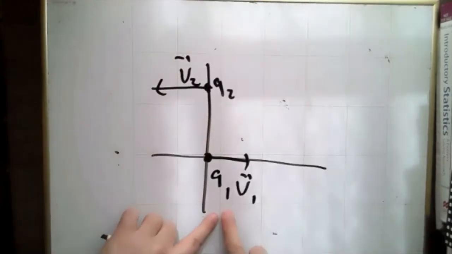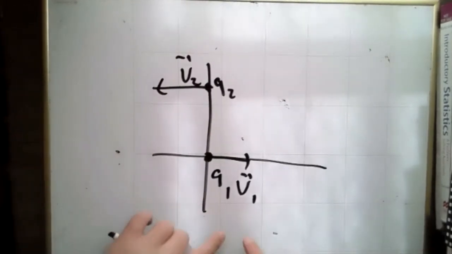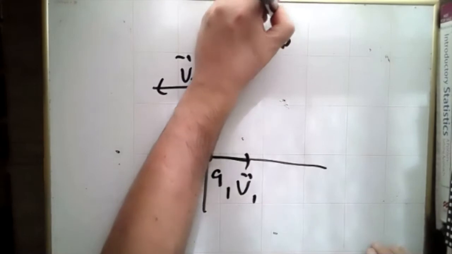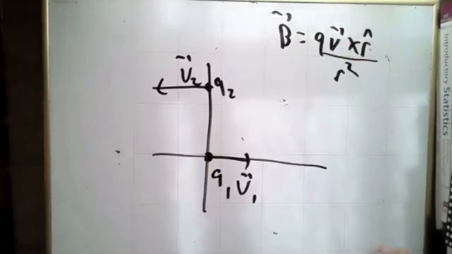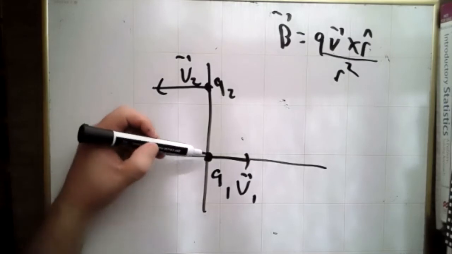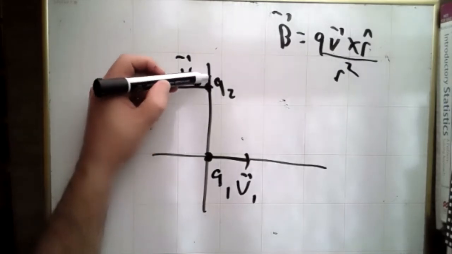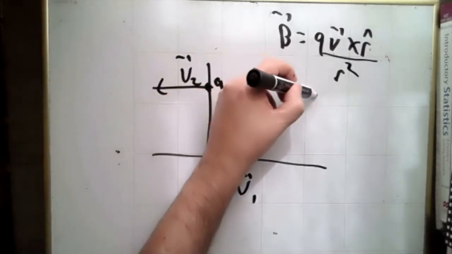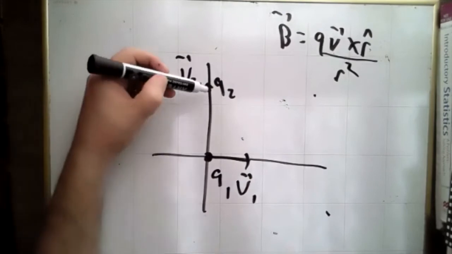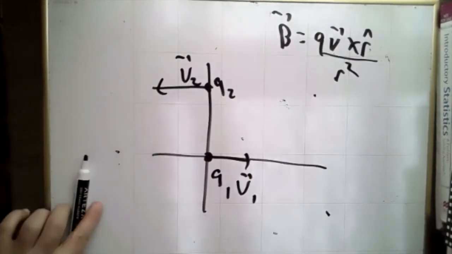So he creates a magnetic field everywhere in space. Moving charges create magnetic fields. So we could do B equals QV cross R hat over R squared to figure out the direction. We're not worried about the magnitude yet. To figure out the direction of the magnetic field up here at this spot, I could play the same game to find the field here, here, here, anywhere, but that's where my charge is, so that's where I want to find it.